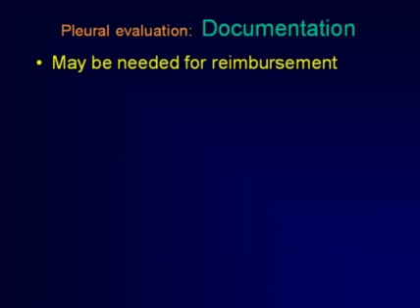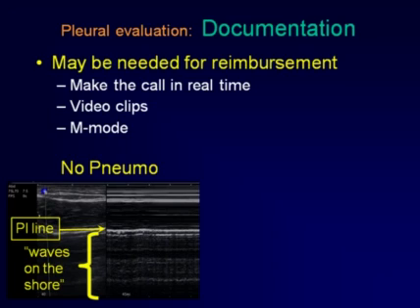There may be a need for still image documentation for reimbursement or for medical legal reasons, but the core of the diagnosis of this is really made in real time using video clips. Certainly video clips can be saved to document the findings, as we've seen in this lecture.